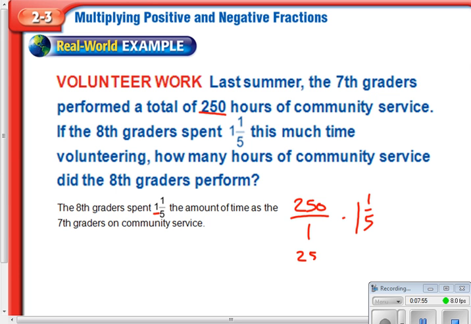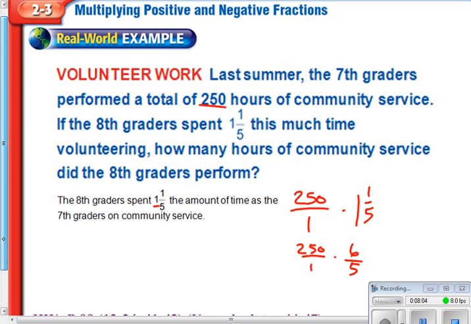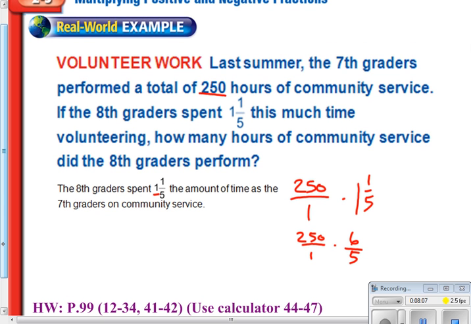We have 250 over 1 times 1 1/5 converts to 6/5. We look to reduce diagonally. When we reduce diagonally here, we know a 5 can go into here once, and a 5 can go into 250 50 times. Do your multiplication. 50 times 6 is 300 over 1, which would equal 300 hours of community service the 8th graders performed.